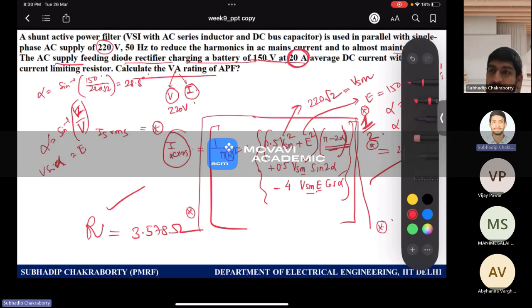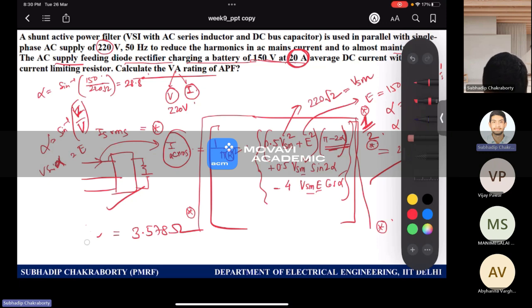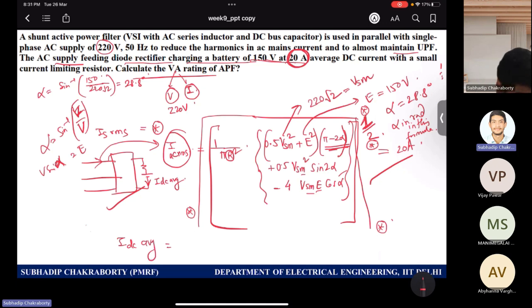The AC side RMS current flowing into the rectifier, then you have the RE load, is given by this formula. And what will help you to determine R is the DC average current. Please understand.